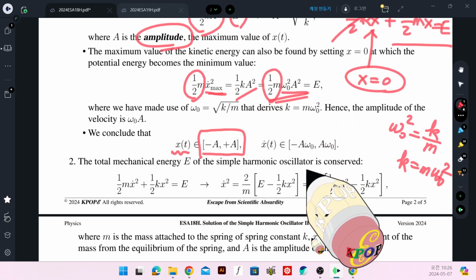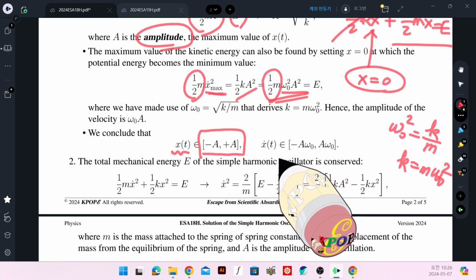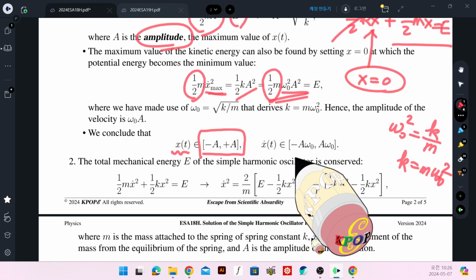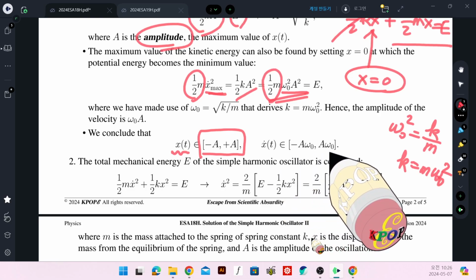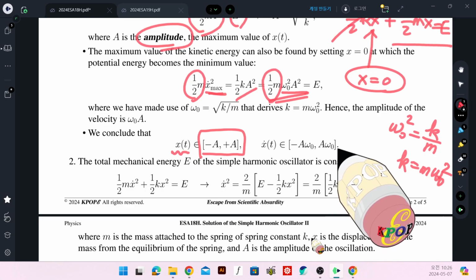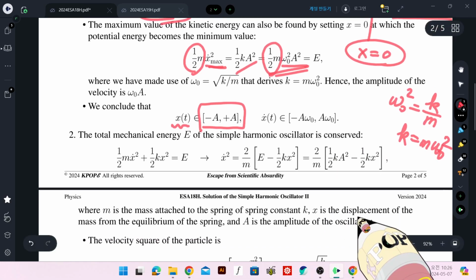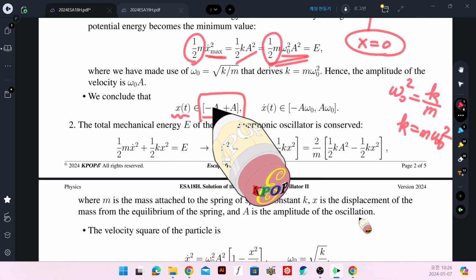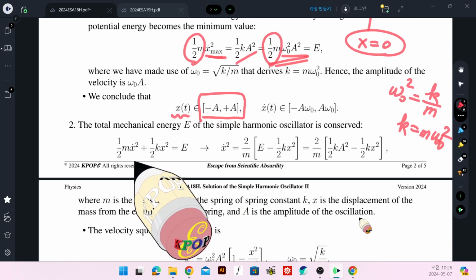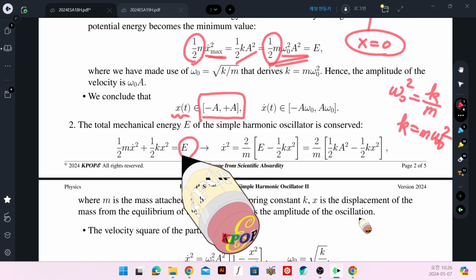Therefore, the velocity of the mass is in the region minus A omega 0 to A omega 0, plus minus A omega 0. In general, any arbitrary value of x can be substituted and the total mechanical energy is conserved.